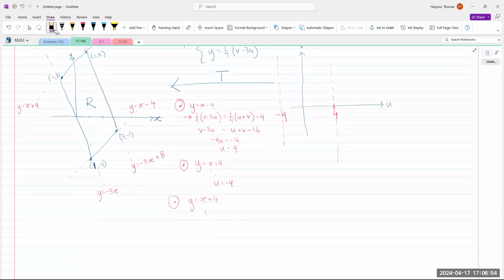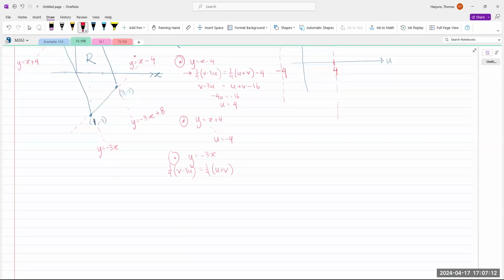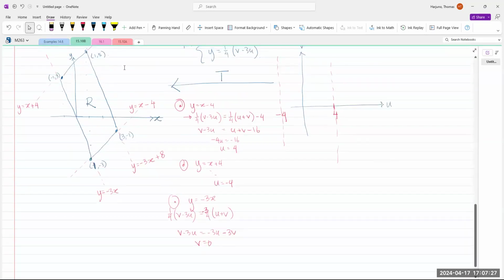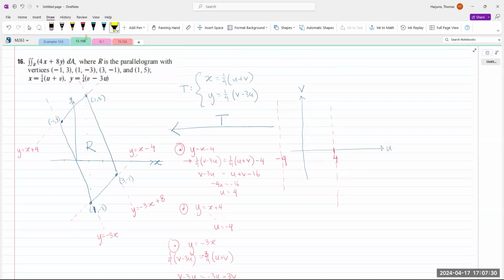I intended to use y equals negative 3x. So 1/4 of phi minus 3u equals 1/4 of u plus phi, times negative 3, right? Multiply by 4 on both sides, and then the negative 3u cancels, phi equals 0. So this line becomes phi equals 0.